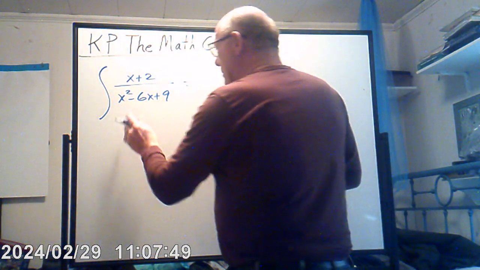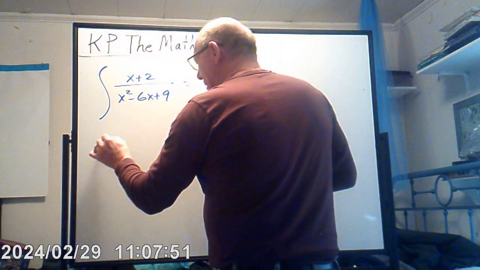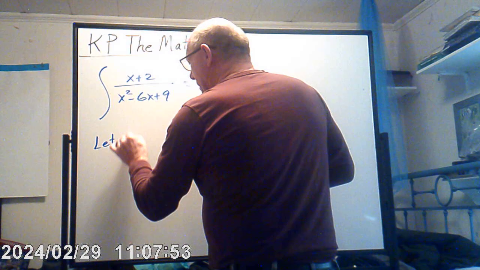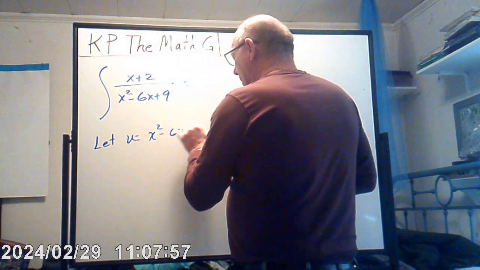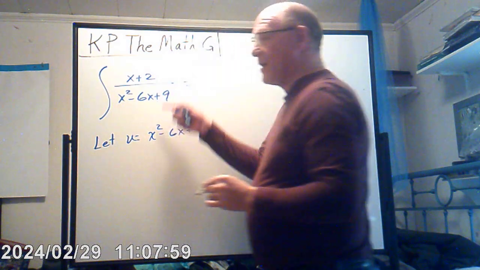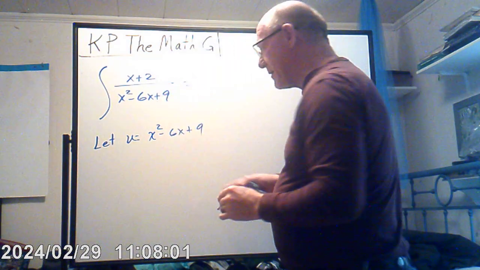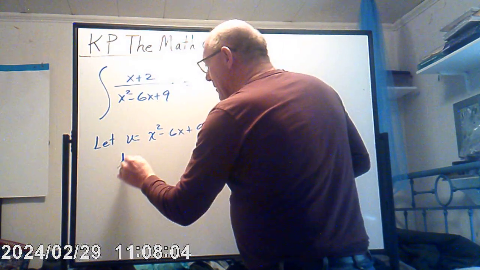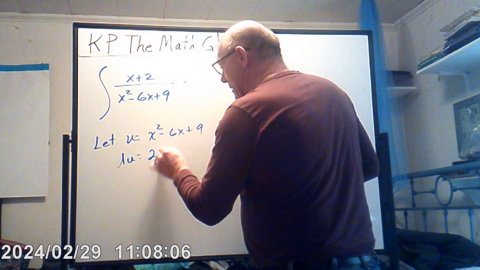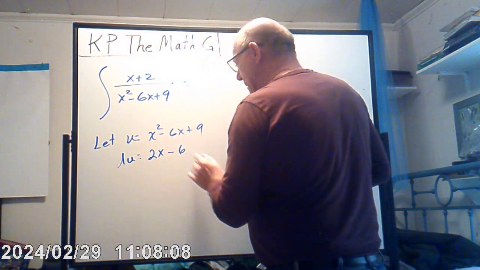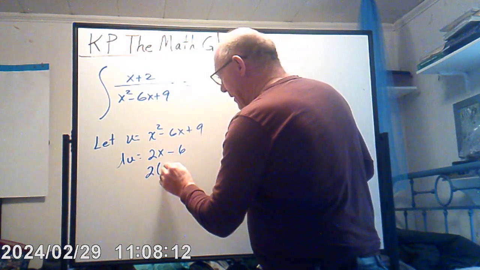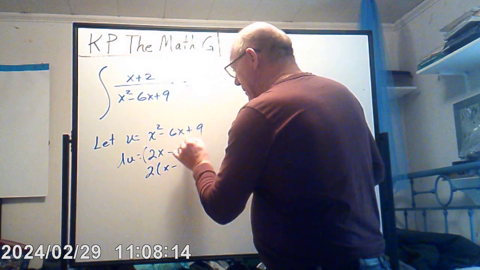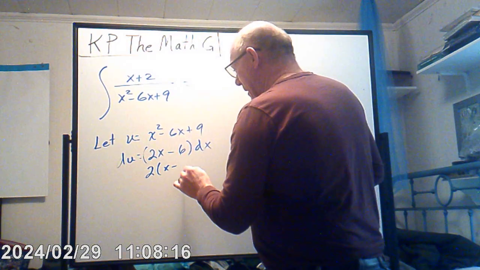If I were to let u be equal to this denominator, it would be nice if this were an ln problem right off the bat. But du is 2x minus 6. Even if I factor out the 2, I've got x of, well, dx.